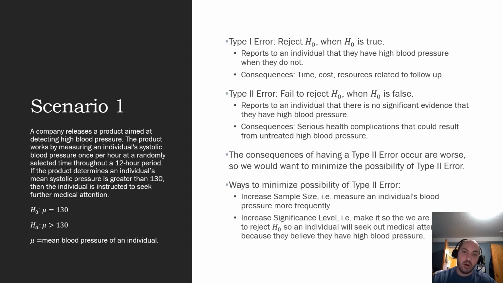Or maybe you want to increase the significance level. If you increase that, that makes you more likely to reject your null hypothesis and accept the alternative, so the individual is going to be more likely to have to follow up with their doctor to get their blood pressure checked out. So this is one scenario where type 2 is much worse than type 1.